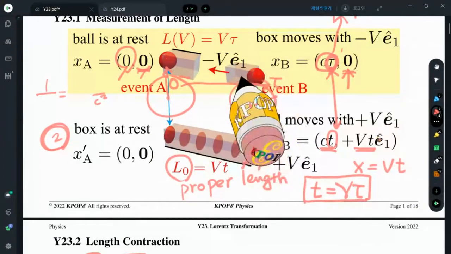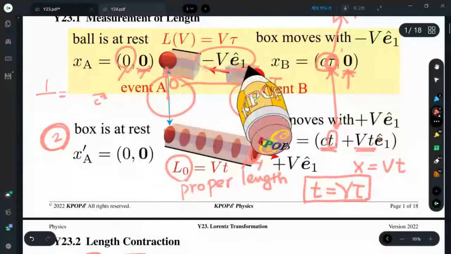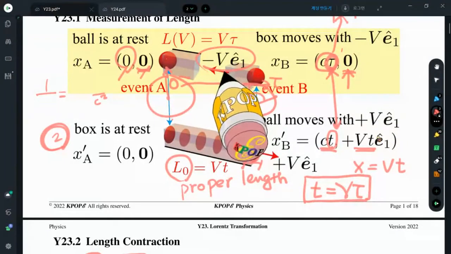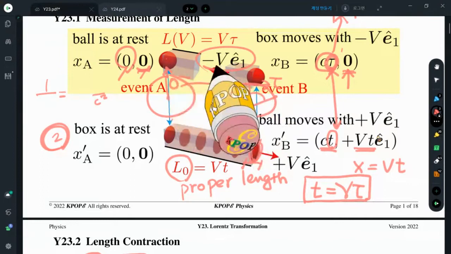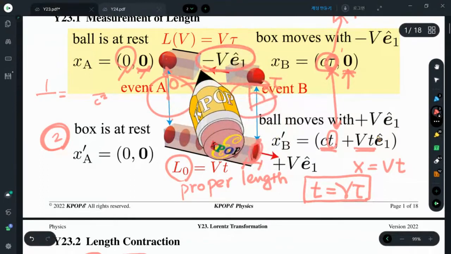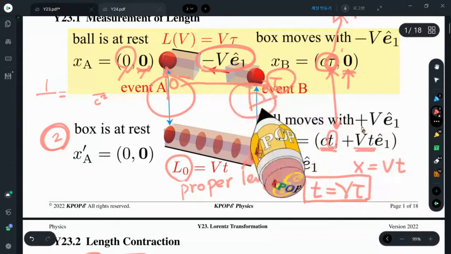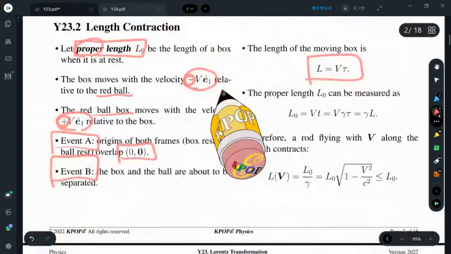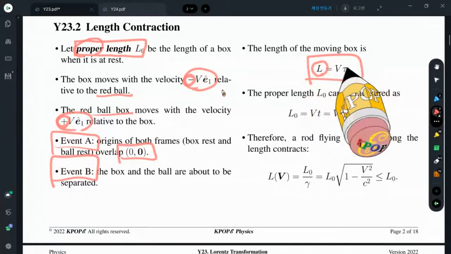To the ball, the box has been moving to the negative x-axis with the relative velocity v, right? Therefore, if I want to measure the length of the moving box with the velocity minus v, the proper time that I measure fixed to the ball can be used to measure the length of the moving box.